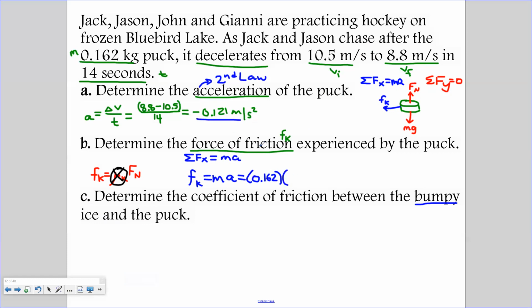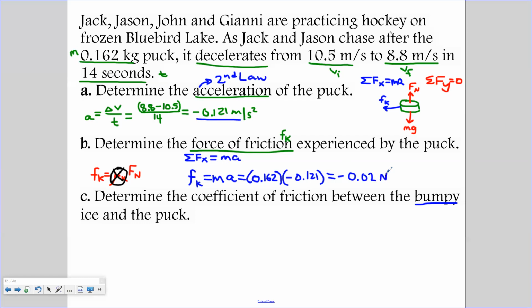So we got our acceleration from the last part, negative 0.121. If we multiply those together, we get a force of negative 0.02 newtons.